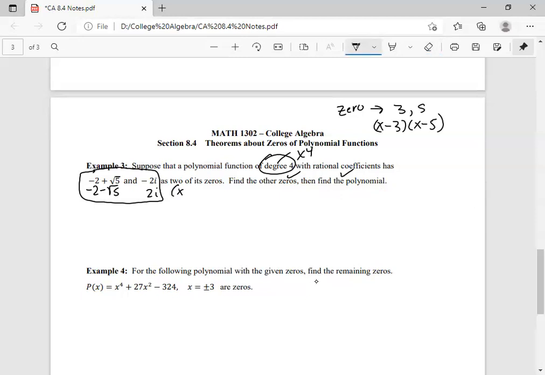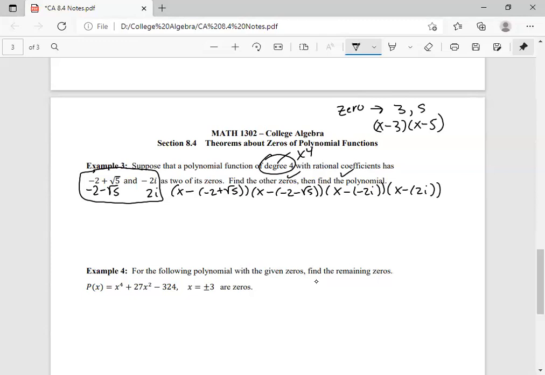So x minus negative 2 plus the square root of 5. X minus negative 2 minus the square root of 5. X minus negative 2i. And x minus positive 2i. So if I didn't have to simplify this, that could just be the answer. But I do have to simplify it.